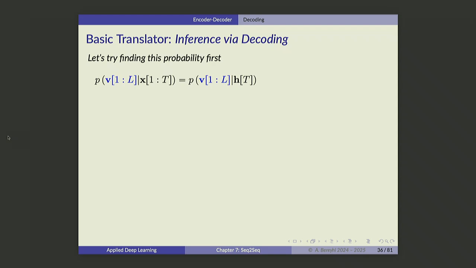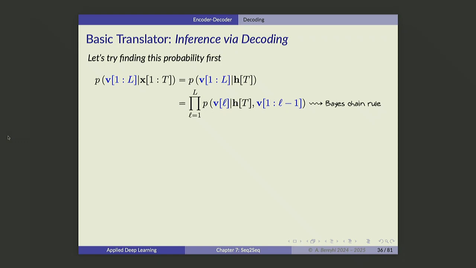So let me write down the idea first. The idea is to find the sequence of length L, any length, say you fix the length even, it's not important, which has the highest probability given the input that you have. How can you write that down? Well, you can break it down using the chain rule, right?